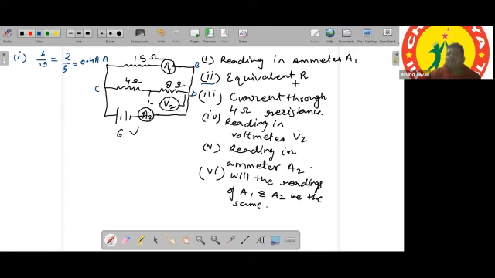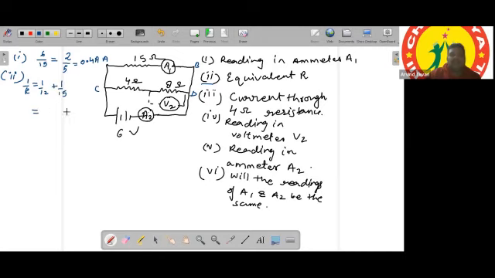Then equivalent resistance R. What will be the equivalent resistance R? For the second one, we can compute the equivalent resistance. First, in the series combination, you have 8 plus 4, which is 12. So 1 by R will be equal to 1 by 12 plus 1 by 15.